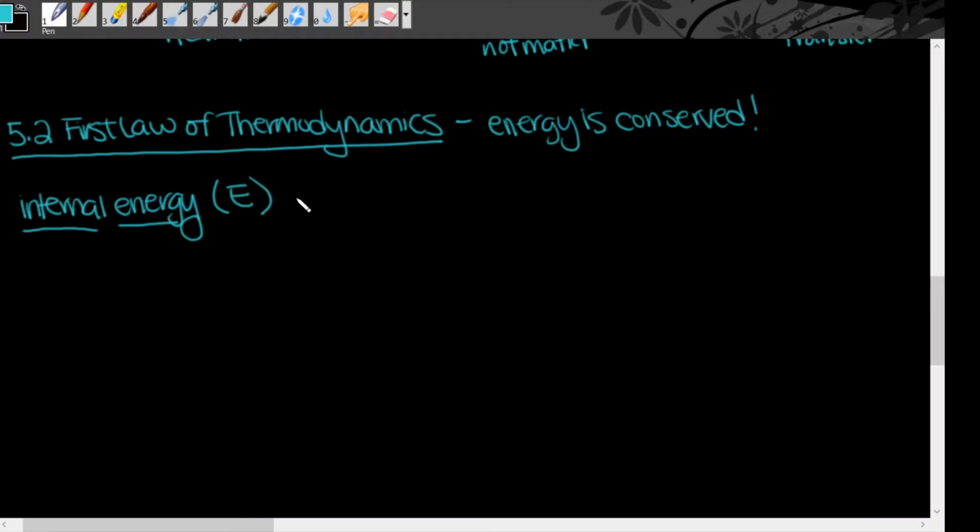So we've talked about units of energy. We've talked about types of energy. We've talked about what the heck energy even is, okay? So the internal energy of the system is always conserved. And that's what the first law of thermodynamics tells us.